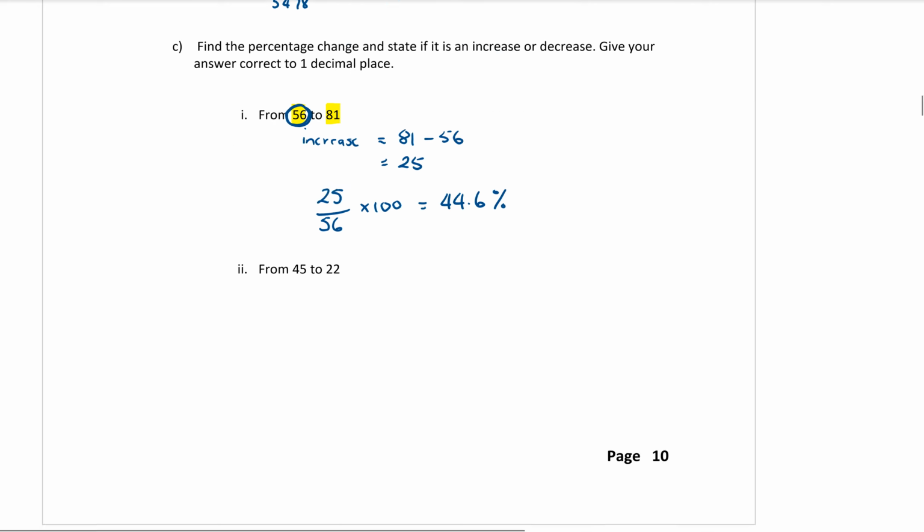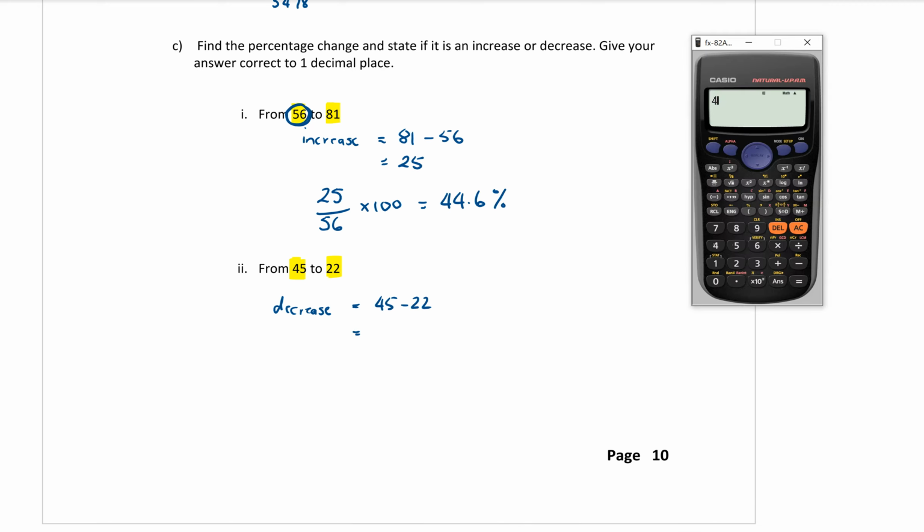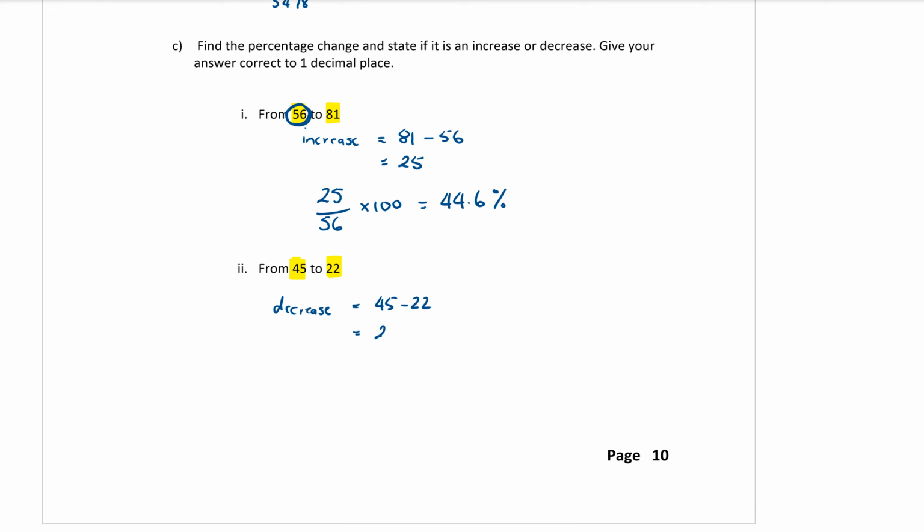And last one here, we're starting with 45 and it's going to become 22. So that's getting lower, which means that it's a decrease. First of all, we need to find out how much it has decreased by. So bigger number minus smaller number. So that's 23. Then we want to find that as a percentage.